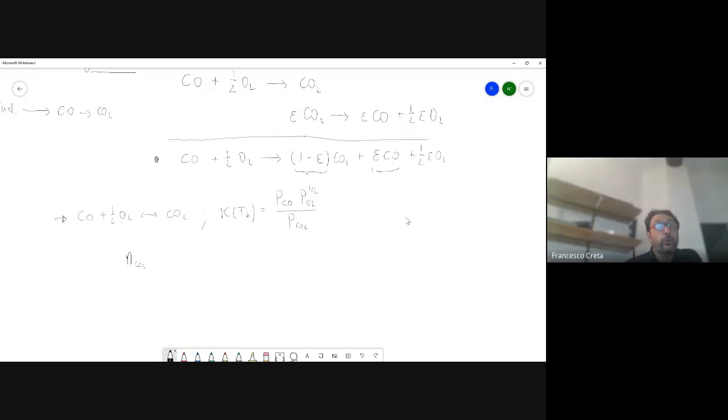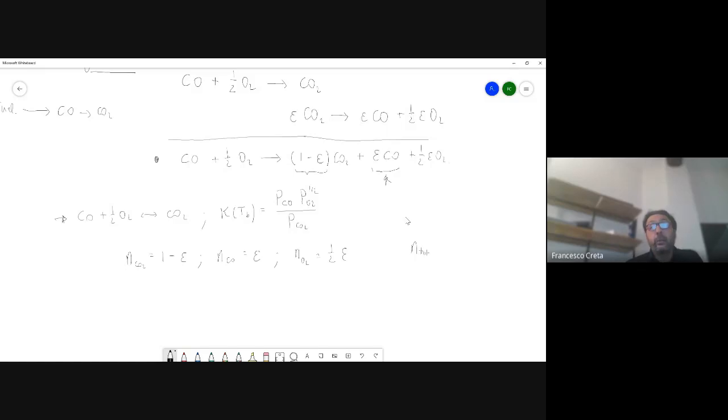the number of moles of CO2 is not 1, but it's 1 minus epsilon. The number of moles of CO will be epsilon. And the number of moles of O2 will be 1/2 epsilon.